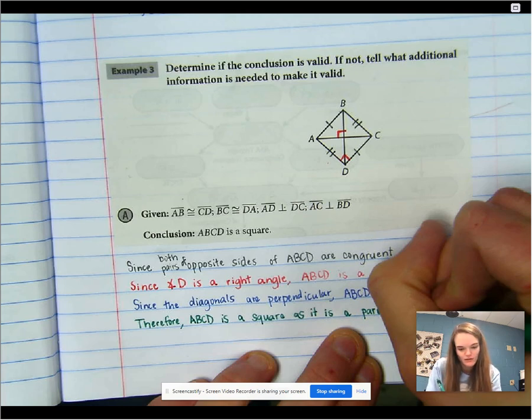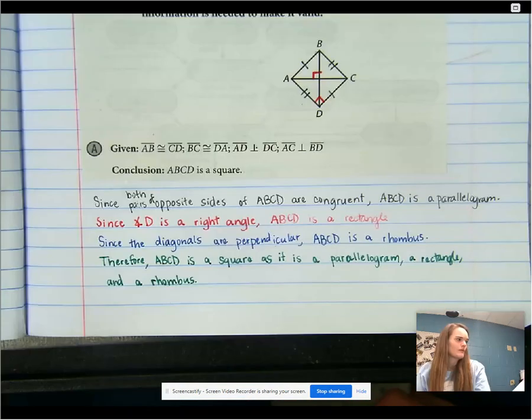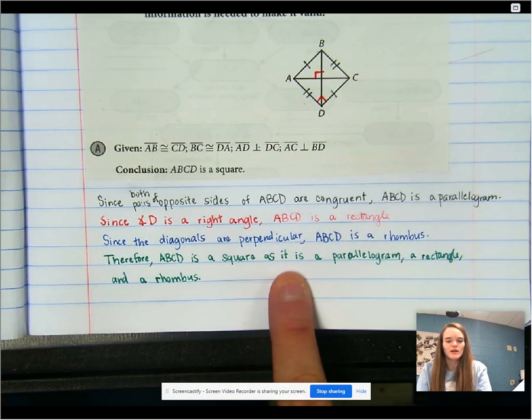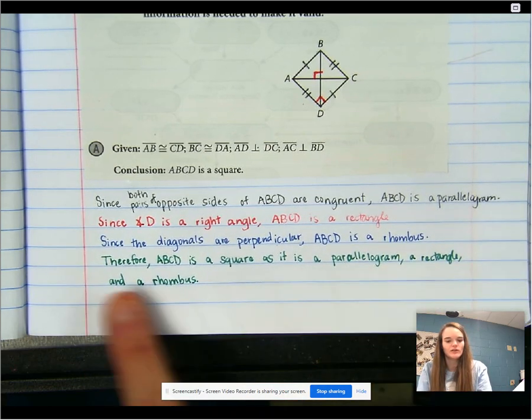And my screen froze right at the end of that sentence, so let me unfreeze it. Okay, guys, sorry, the screen froze and the whole thing shut down. So there's the end there, where therefore ABCD is a square, as it is a parallelogram, a rectangle, and a rhombus.